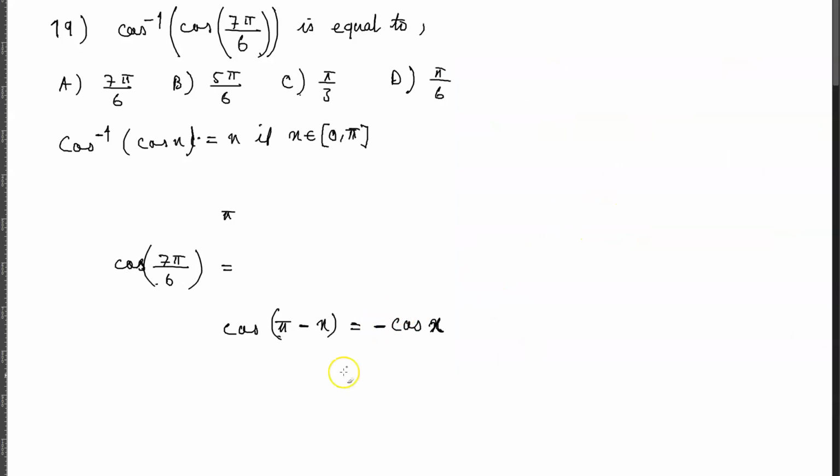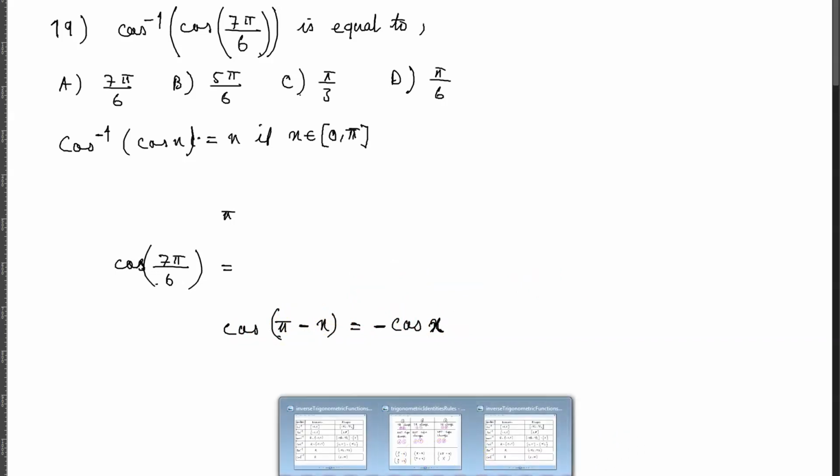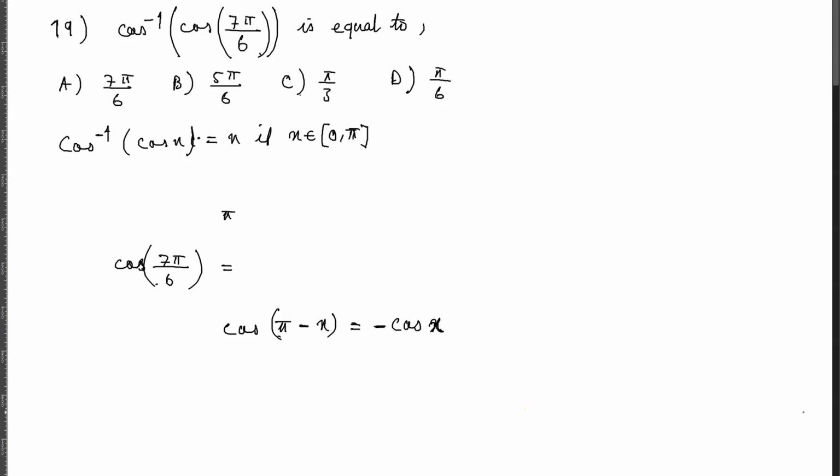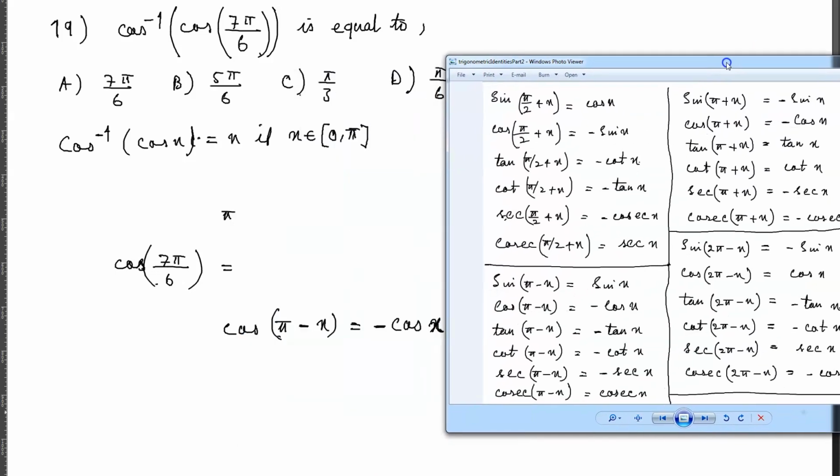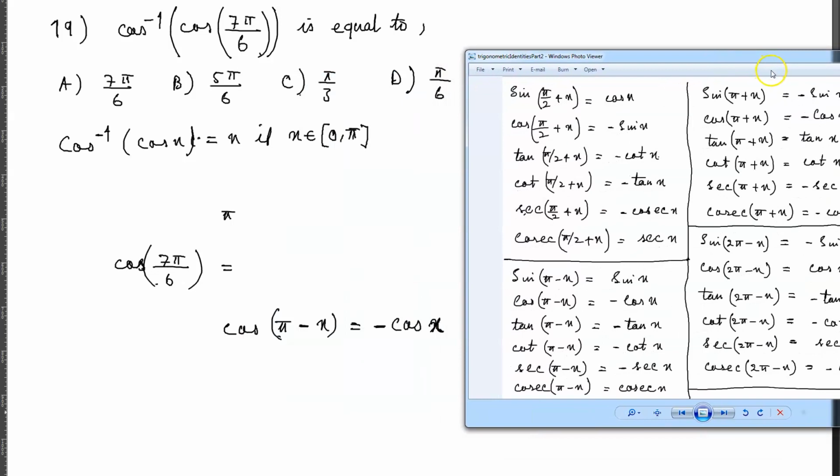So I can write cos of pi minus x as negative cos x. And if I now take a look at the tables that we had before, we can see the same formula over here. I have cos of pi minus x is equal to negative cos x, as you can see.